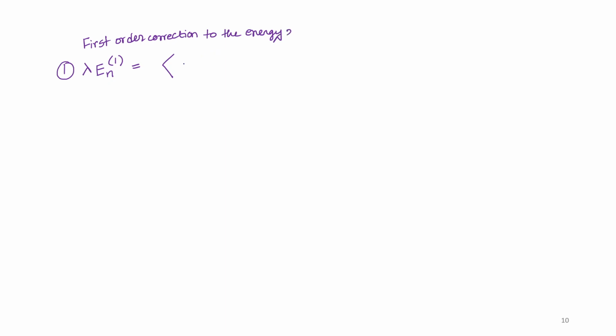That is given by your nth state psi n 0, then your small perturbation, and the same state. That is for the first order correction.